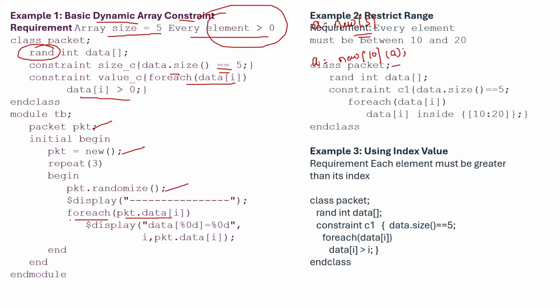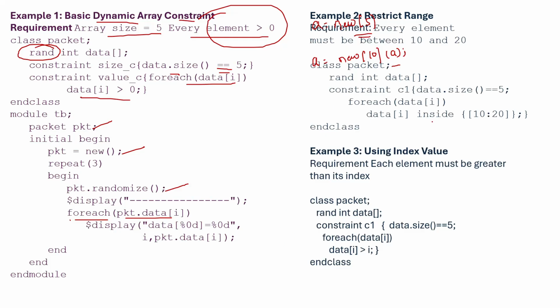And then some range restrictions. You are mentioning some size, array size. And similarly, I don't want to get all the values. I want to get values in between some range. So at that time we can also assign some range values. How can we assign the range? Inside keyword we can use.